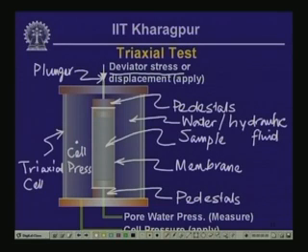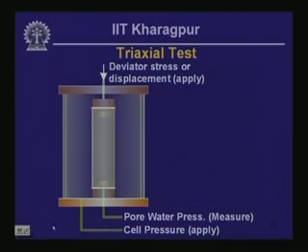Sometimes these tests are carried out in a displacement control manner, in which a constant rate of displacement is applied through the plunger on the top pedestal. Okay, so that is how a triaxial test is carried out.